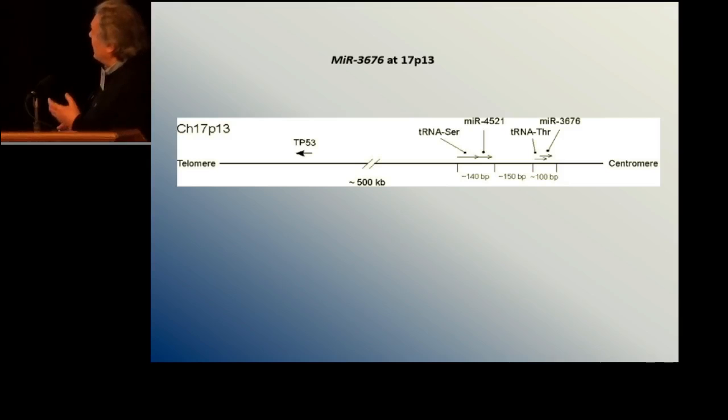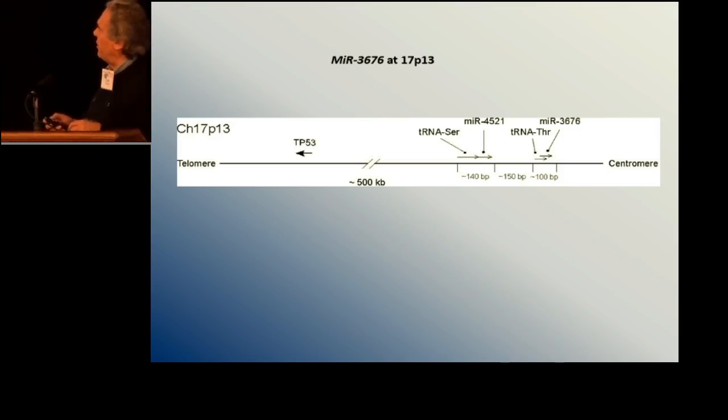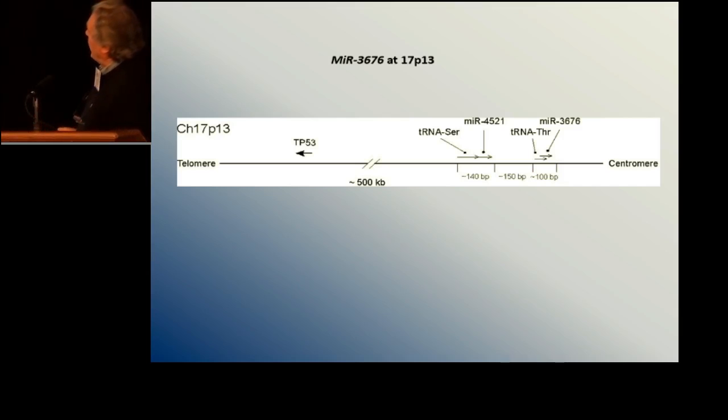And here there is something interesting, because we found that these 2 microRNA are embedded in the genes for tRNAs, one for serine and one for threonine.